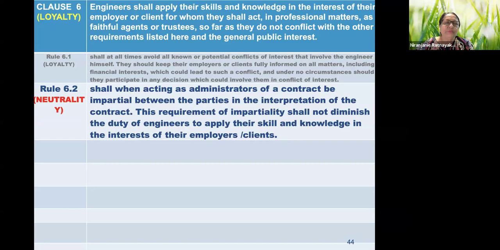You should be impartial as far as the contracts are concerned, but within those conditions, you can actually help your employer or the client to gain additional funds, additional profits or whatever.